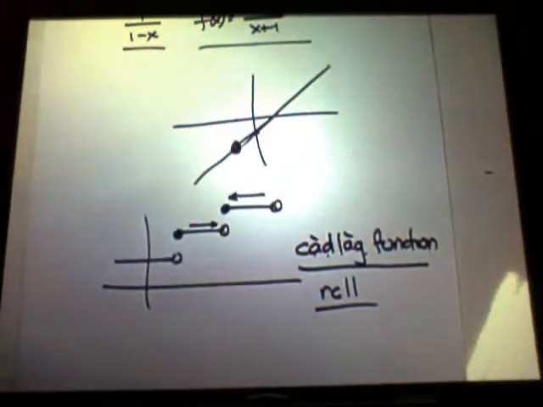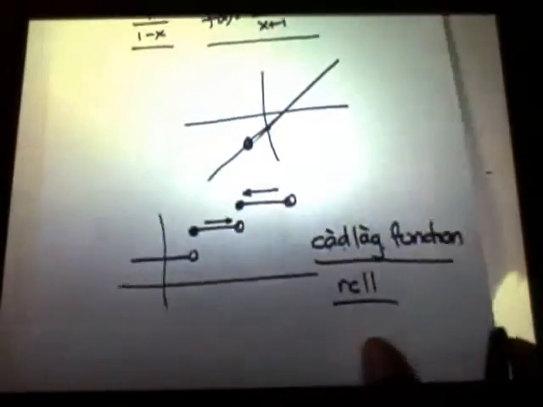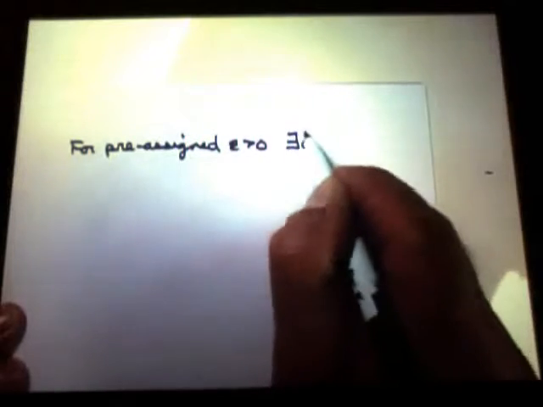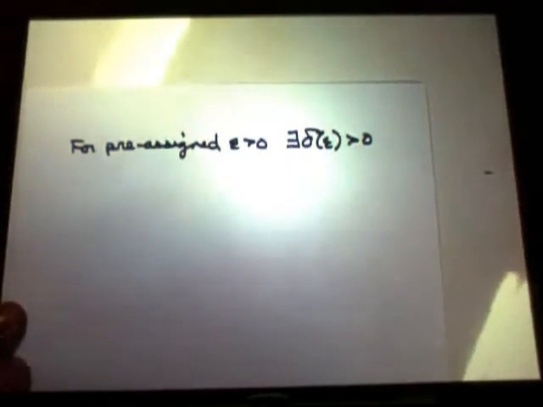okay, we know what a continuous function is. What's uniformly continuous? You're very, very close. Well, continuous: for pre-assigned epsilon greater than 0, there exists a delta, which is a function only of epsilon, not of x, right?